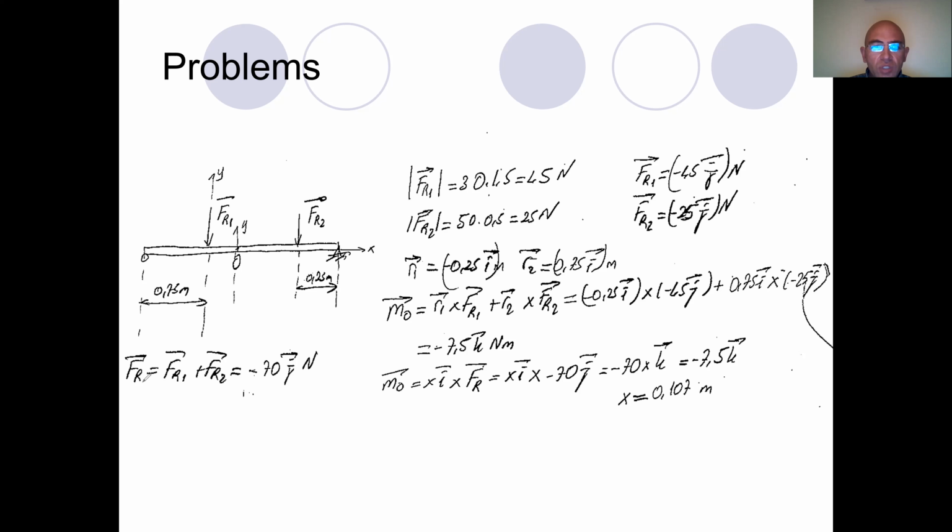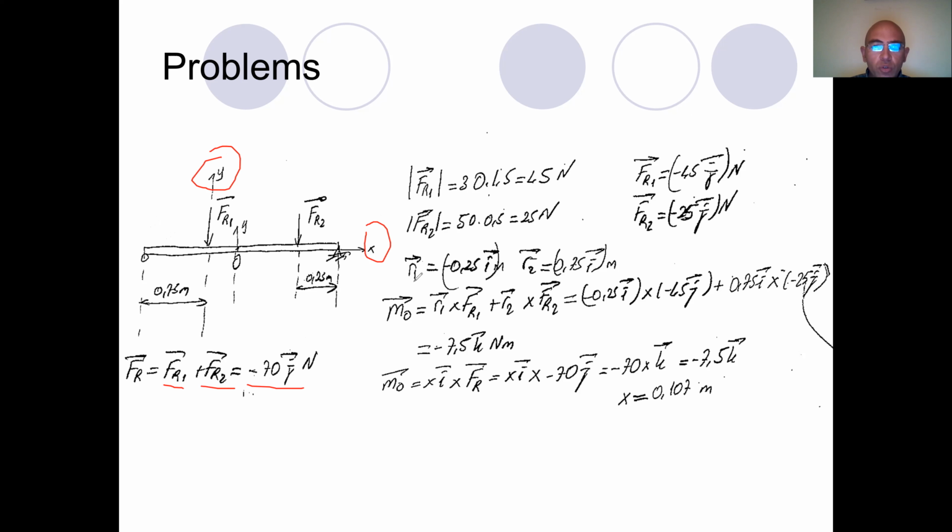The magnitude of the resultant force will be the sum of FR1 and FR2. In fact, it will give us minus 70 j vector if x is horizontal and y is vertical. It will be minus 70 j.